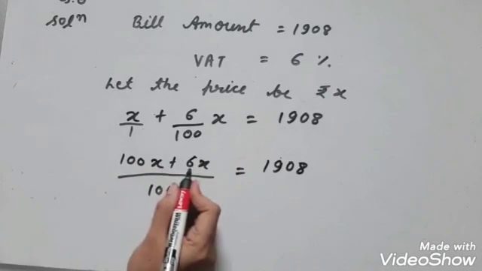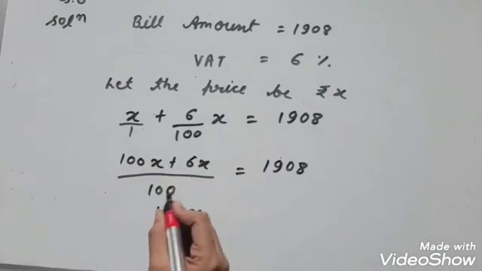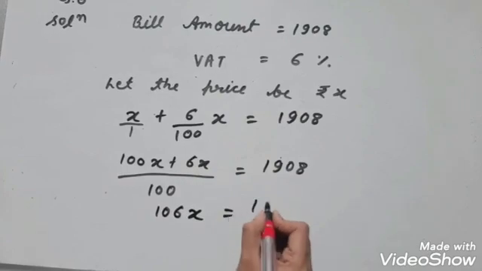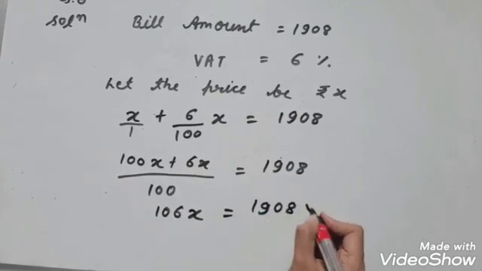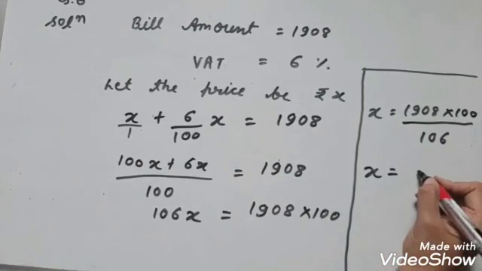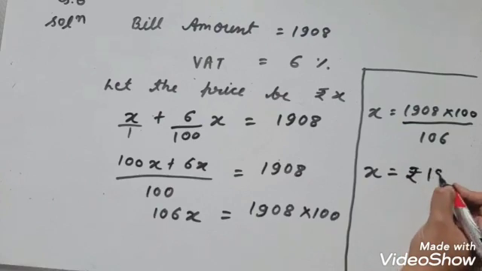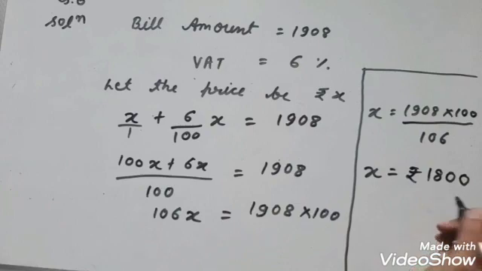Now 100 plus 6, 106x, and we are shifting 100 to this side. 1908 into 100. After doing the calculation, we will get the amount, the original price of the medicine, which is rupees 1800, and it is the answer.